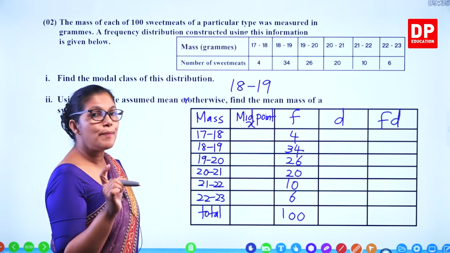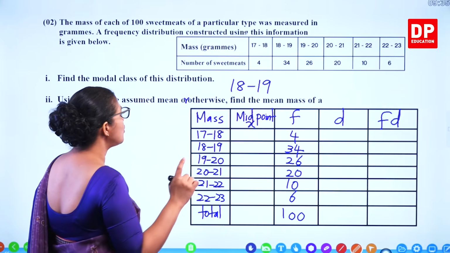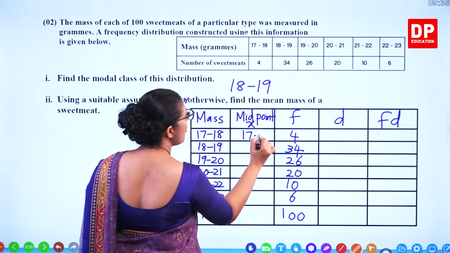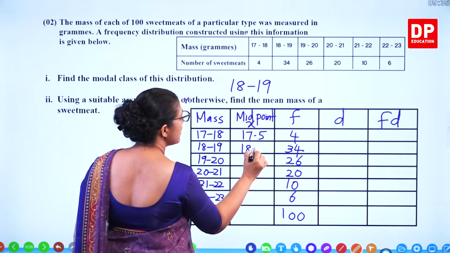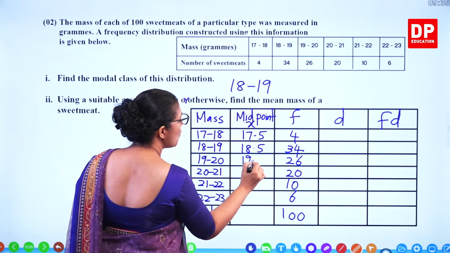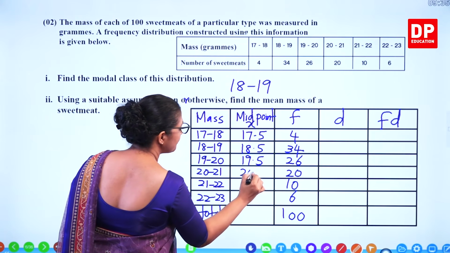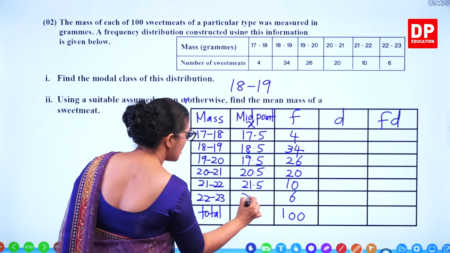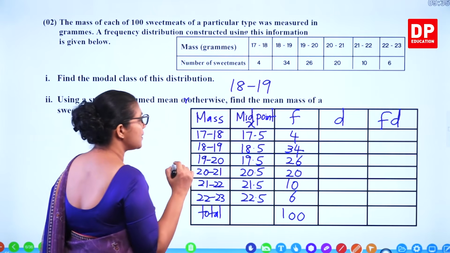So how do you find out the midpoint? Add and divide by 2. 17 plus 18 divided by 2, 17.5. Here 18.5, so adding 1. So you can just add 1 and write down all these mid values.